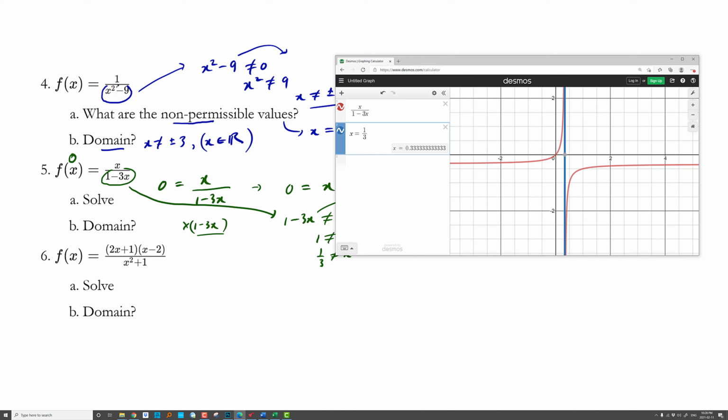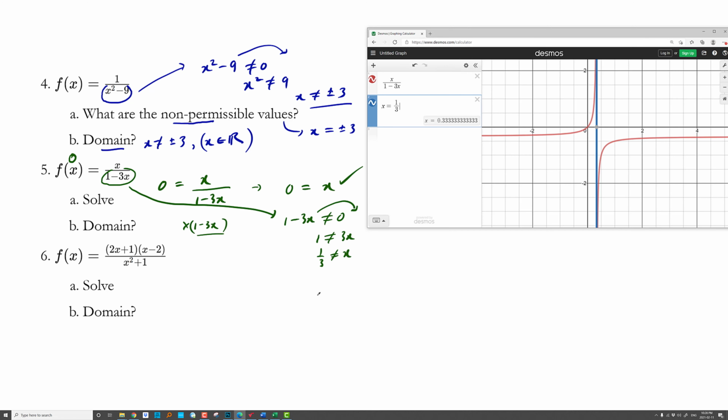As you can see, the red graph is the rational expression, and it does indeed have a solution, an x-intercept of 0. Furthermore, the vertical asymptote occurs at x equals 1/3, which we determined by finding the domain x does not equal 1/3.